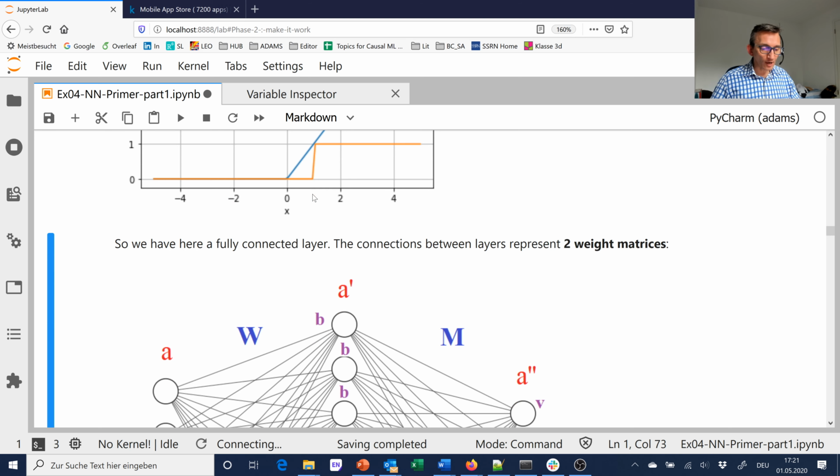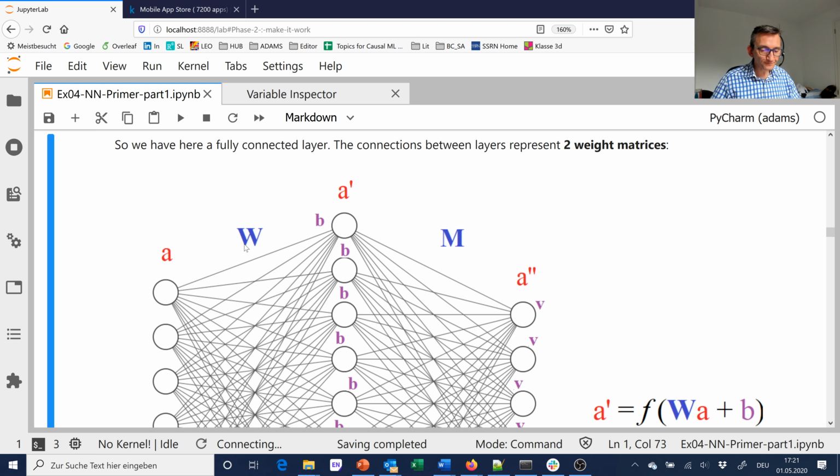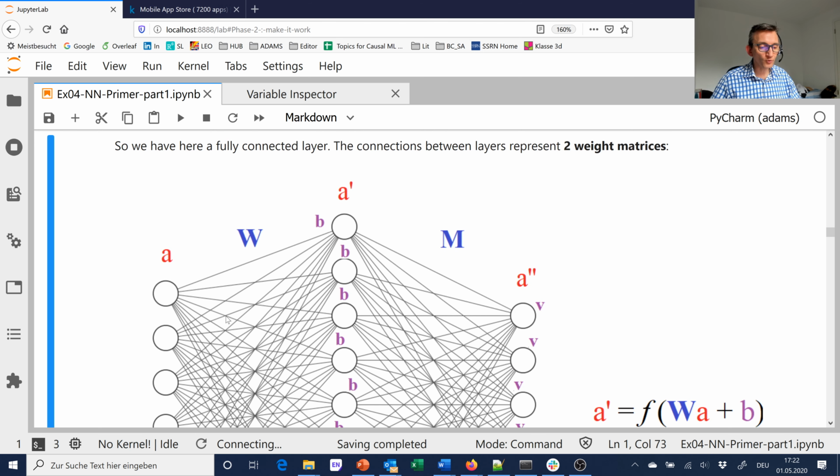Okay, so our 3-layered neural network features 2 matrices with weights that together make up the parameters that we need to train and estimate. And well, in this picture, the corresponding notation would be that we have 3 layers, and their values we could denote by A, A prime, and A double prime.